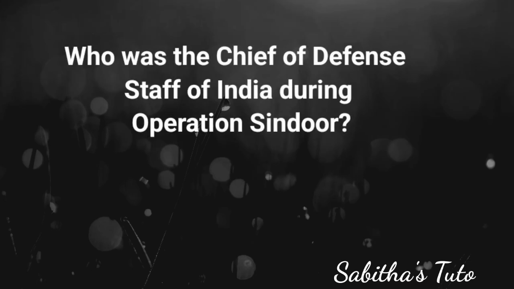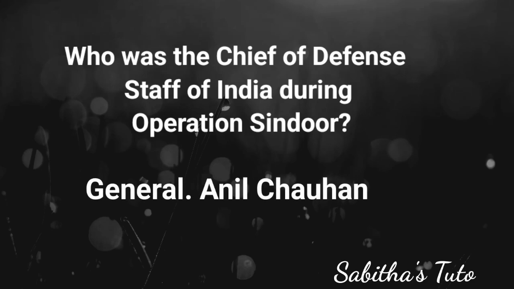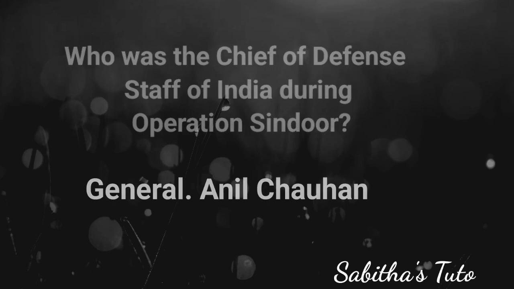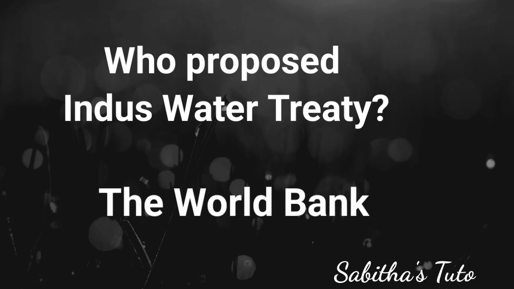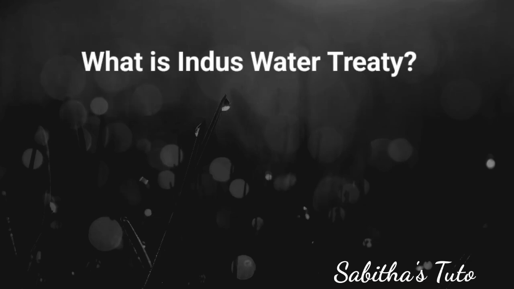Who was the Chief of Defence Staff of India during Operation Sindoor? General Anil Chauhan. Who proposed the Indus Water Treaty? The World Bank. What is the Indus Water Treaty?